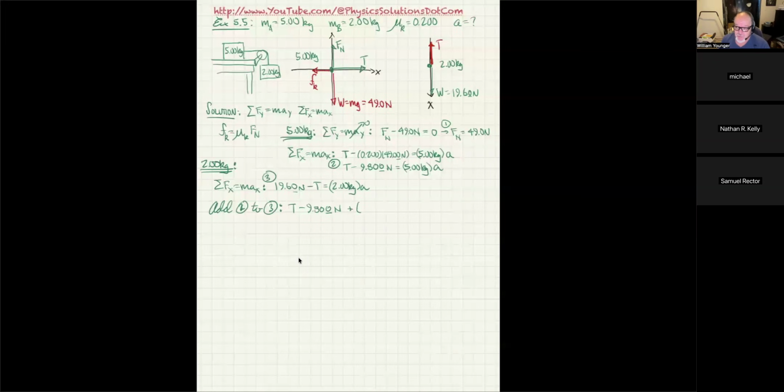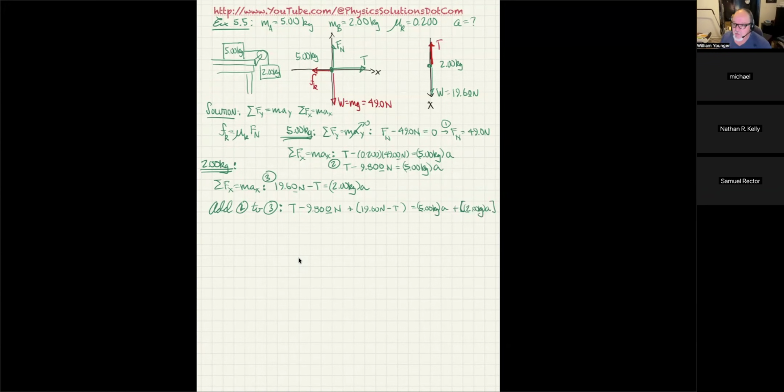You should always do that, even when you're adding, but especially if you're subtracting or multiplying by something. So by putting it in parentheses, I know it's going to be 19.60 newtons minus T, and then the right-hand side gives me 5.00 kilograms times a plus, again, parentheses, 2.00 kilograms times a, like that.